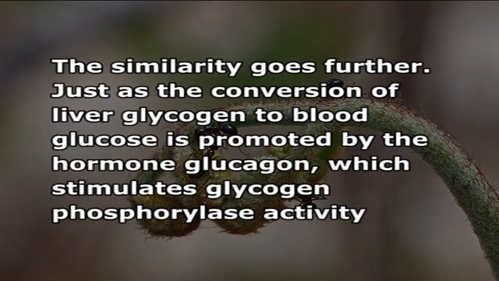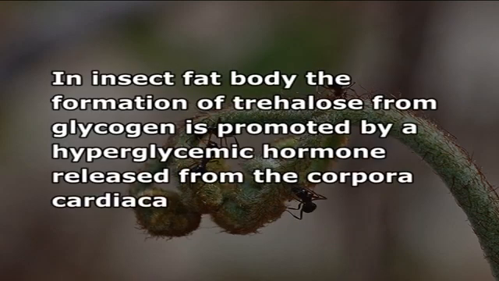Just as the conversion of liver glycogen to blood glucose is promoted by the hormone glucagon, which stimulates glycogen phosphorylase activity, in insect fat body the formation of trehalose from glycogen is prompted by a hyperglycemic hormone released from the corpora cardiaca.